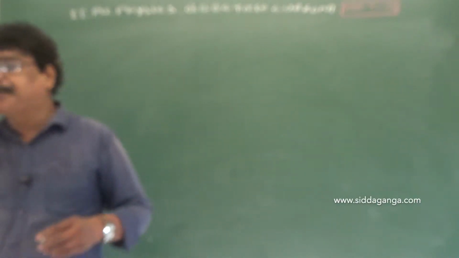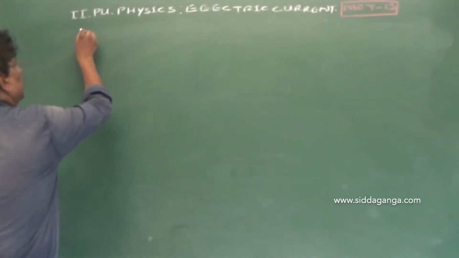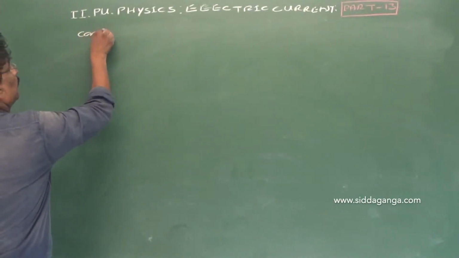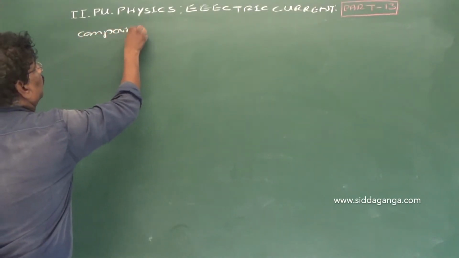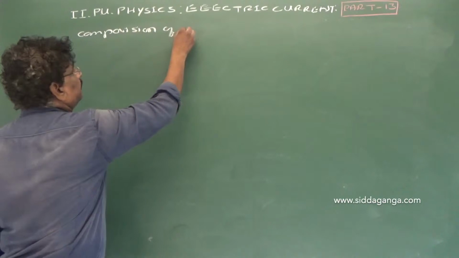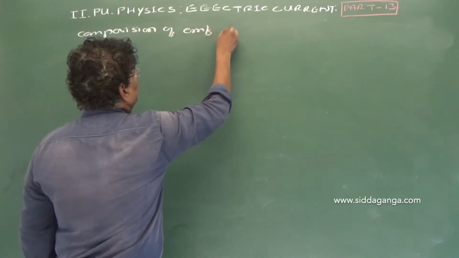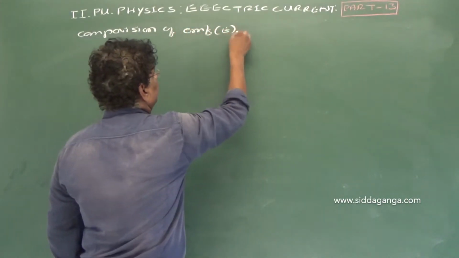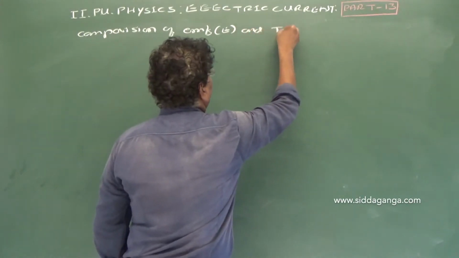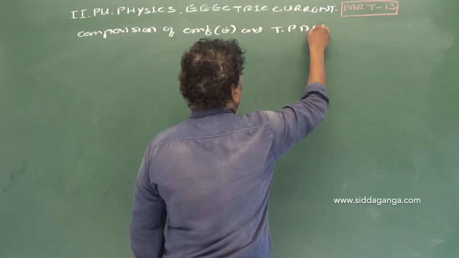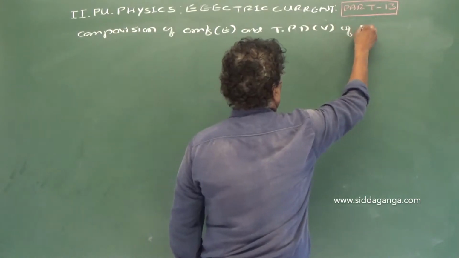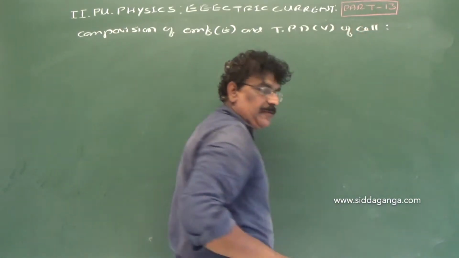Right. Now, we'll take a comparison of EMF E and terminal potential difference V of a cell.